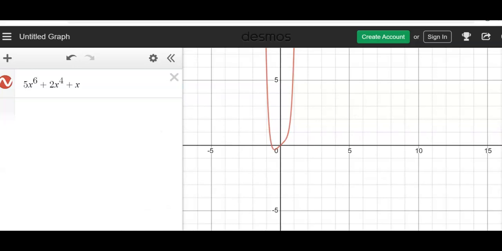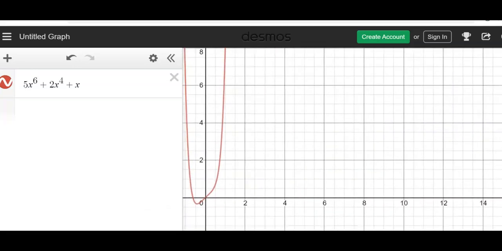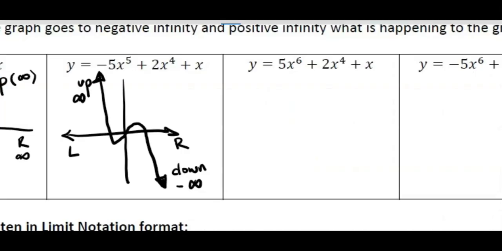But now we see the graph of this goes through the origin, dips down a little bit to the left, and then goes up to the right. So we can graph that. Make a quick little sketch, and it goes down something like this, and then up like this.